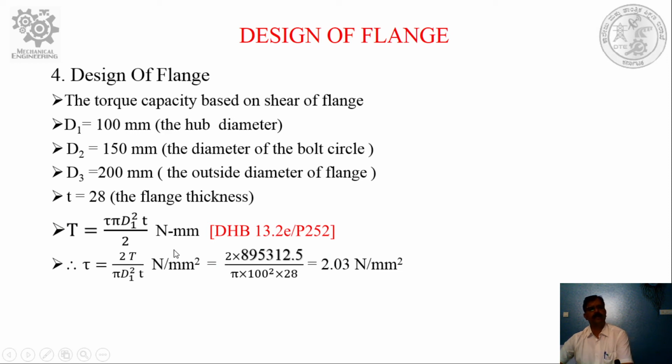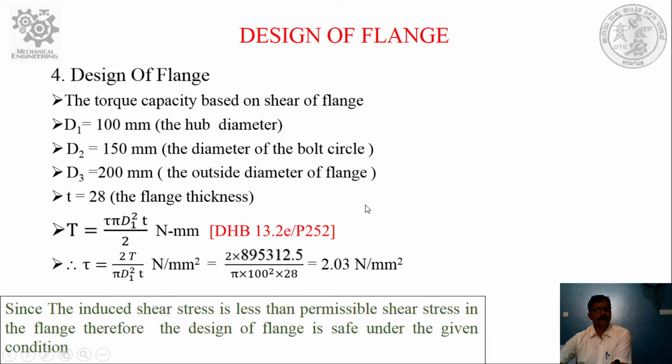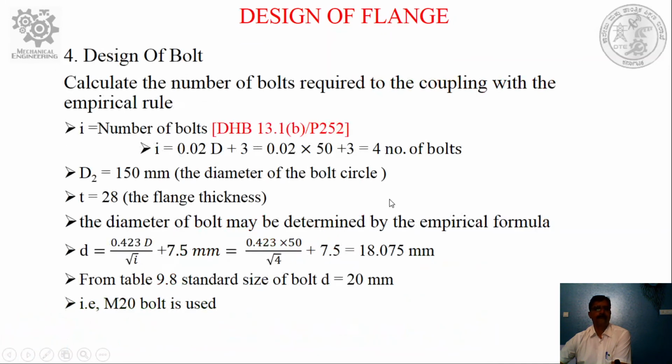Now here the flange may fail at the junction of the hub and the flange. Now substitute the values in the above equation and calculate the induced shear stress. Now since the induced shear stress is less than the permissible shear stress in the flange, therefore the design of flange is safe under the given condition.